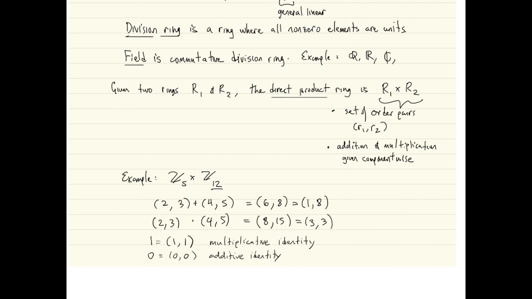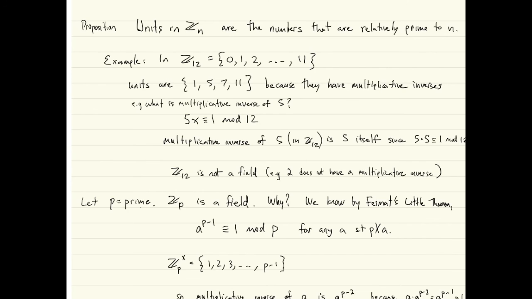Now, a proposition, which I don't think I'll prove, is the following. Units in Zn are the numbers that are relatively prime to n. This can follow from the Euclidean algorithm, actually. But anyway, let's do an example first. That Z12, as a set, is 0, 1, 2, 3, all the way up to 11.